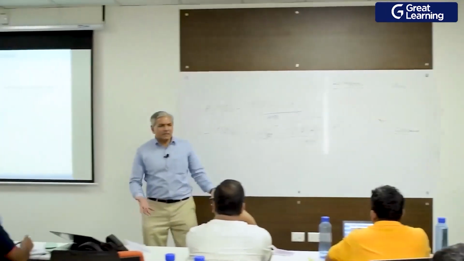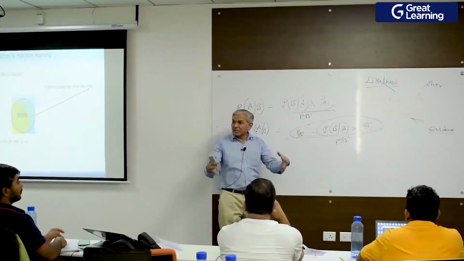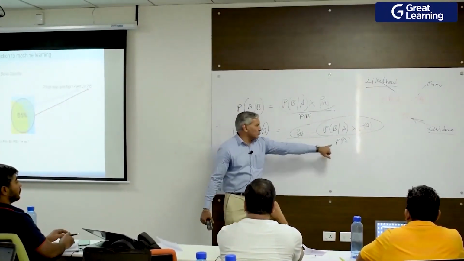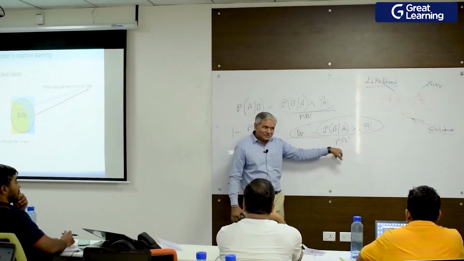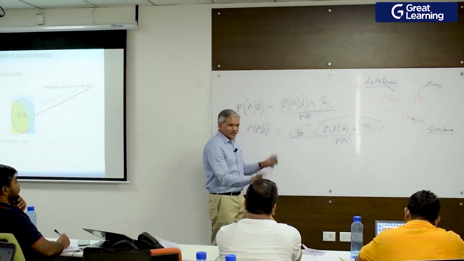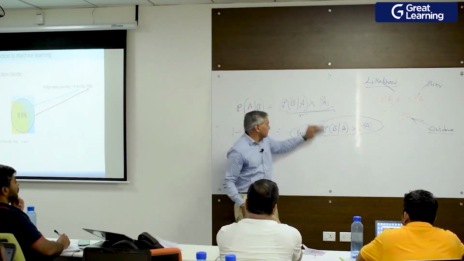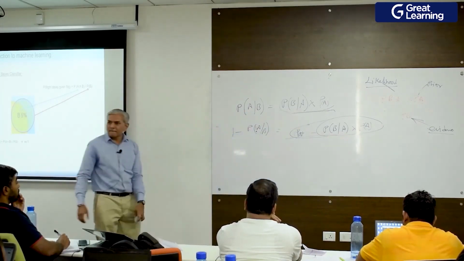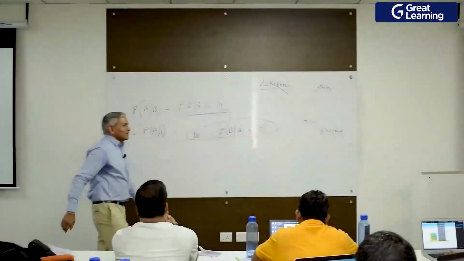What do you mean PB is a constant? Some people say that since the evidence has already occurred, this is 1. Probability of an event which has already occurred is 1. But mathematically, for classification, PB is not important, so it's not shown.